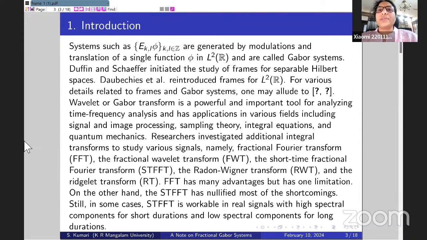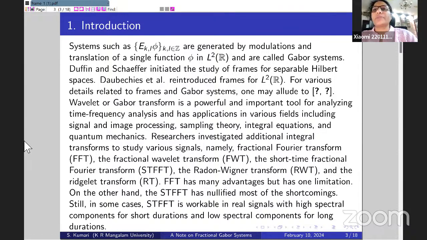Next is my introduction part: what is the Gabor system and what is the fractional Gabor frame. The system E_k and T_l phi, with k and l integers, is generated by modulations and translations of a single function phi in L2R.